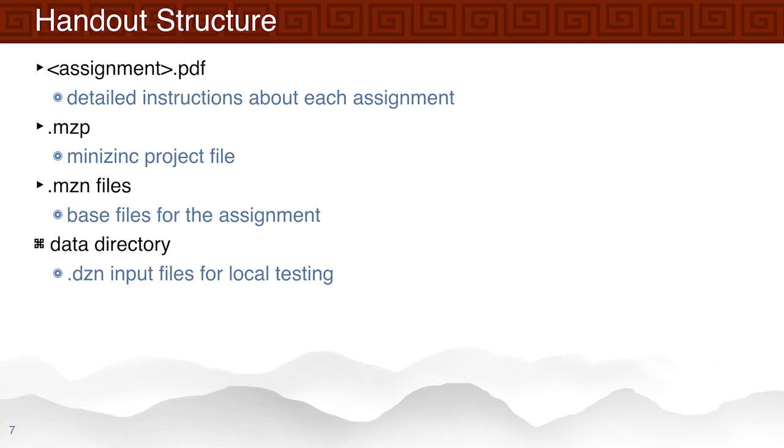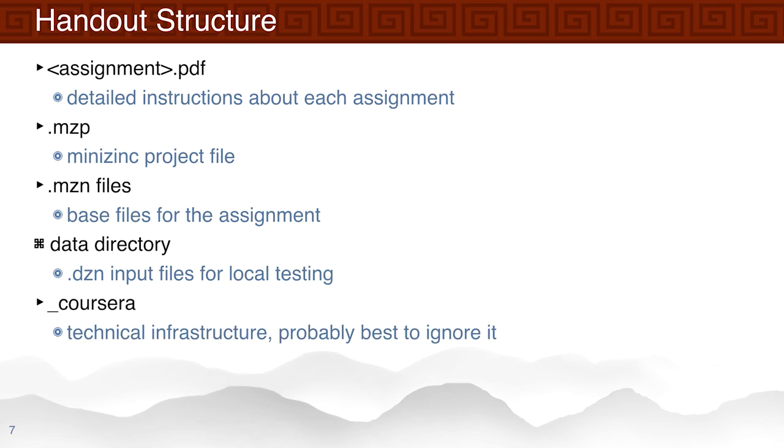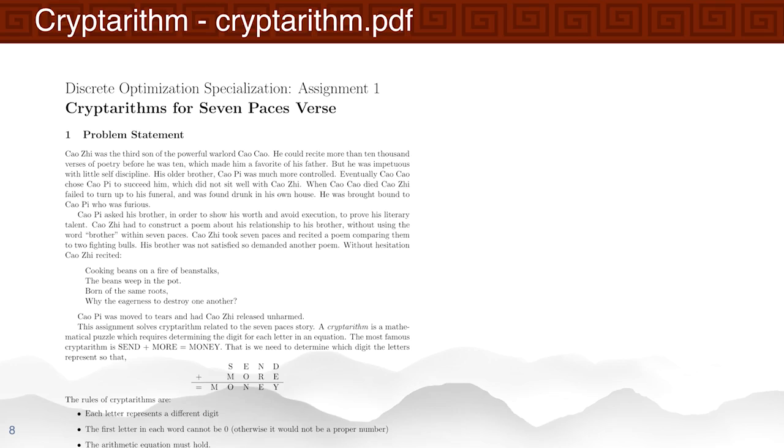There'll be a data directory full of DZN input files for testing, and there's an underscore Coursera file, which is basically some technical infrastructure that we need to organize this submission process. And there's also a submit.py, a Python file, which allows you to do command line submission. And we'll talk more about that in the video about doing command line submission.